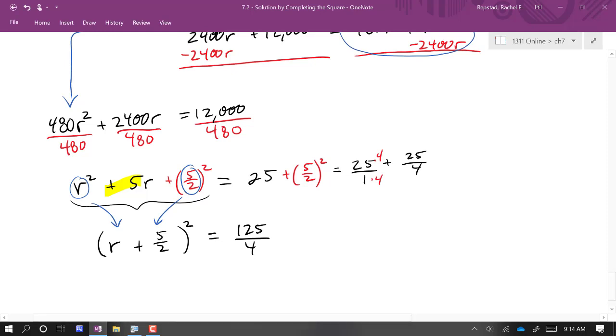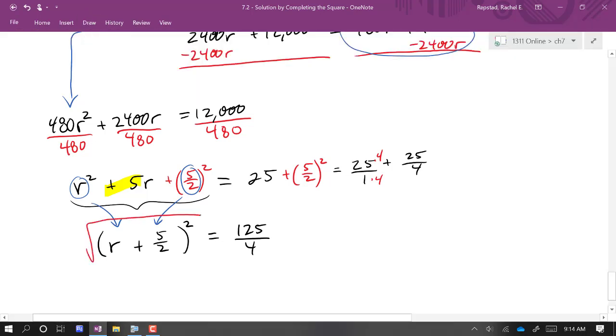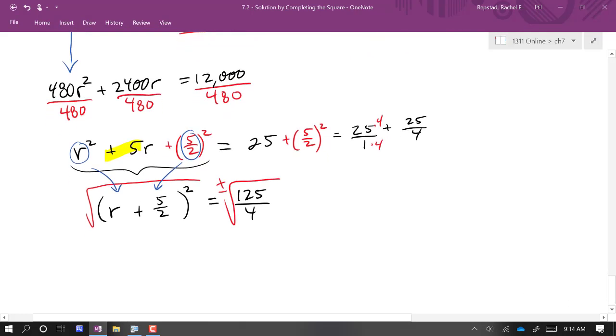Now we're ready to solve by taking the square root on both sides. We need to consider both the positive and negative root. I'm going to carry the square roots all the way through my calculations and then approximate at the end to get a result.